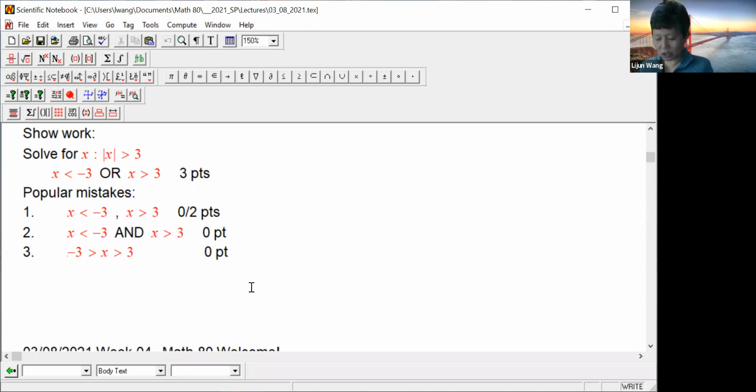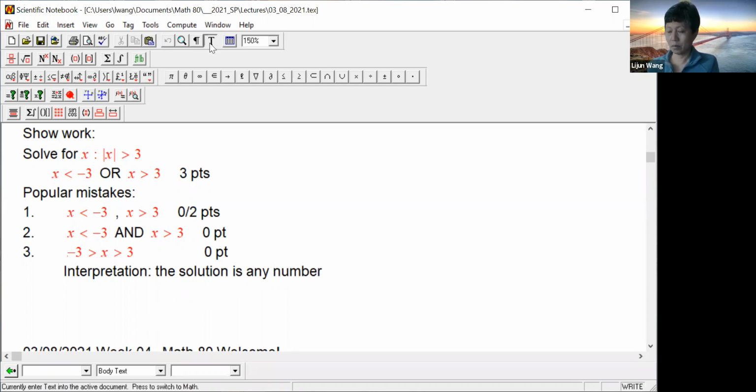The interpretation, you're telling the reader, the solution is any number x such that x is greater than 3 and smaller than -3.